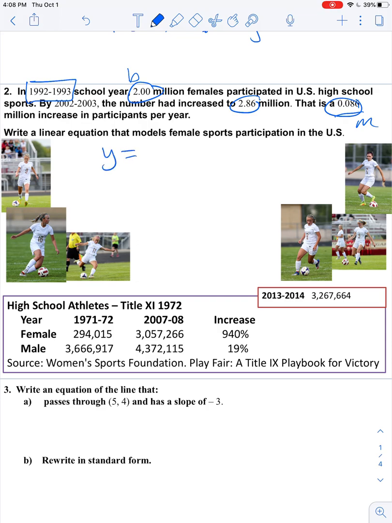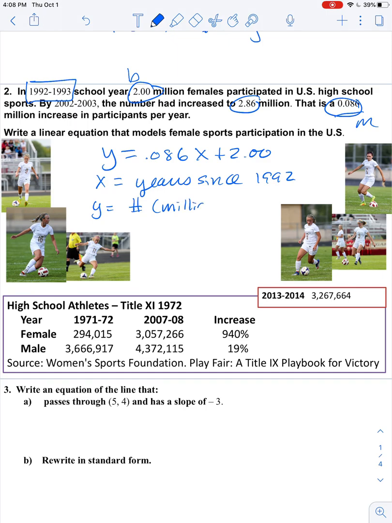So when I write a linear equation that models female sports participation in the U.S., I'm going to start with Y equals my rate of change, which is 0.086, X plus my initial value. Then I'm going to be able to identify what the X and Y stand for. So X is going to equal years since the beginning, which is 1992, and then Y is going to equal the number, and keep in mind that that was 2 million, not 2.